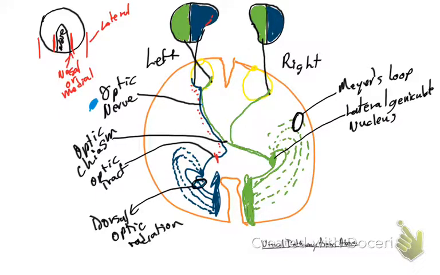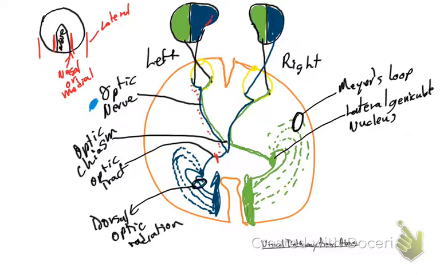Because if the light comes from here, then just follow the lines, and then it's going to go here, then come here, there we go, and then go to the optic chiasm, and then cross here in the optic chiasm.